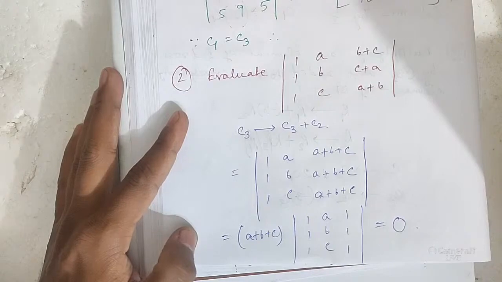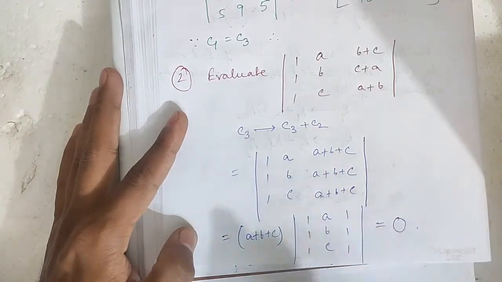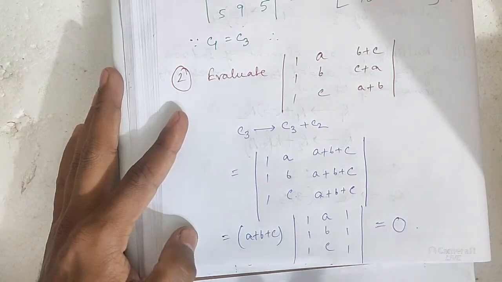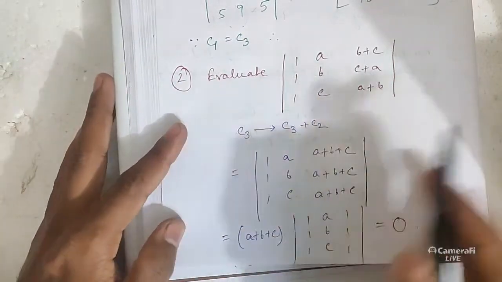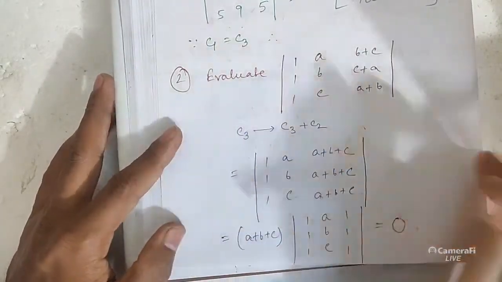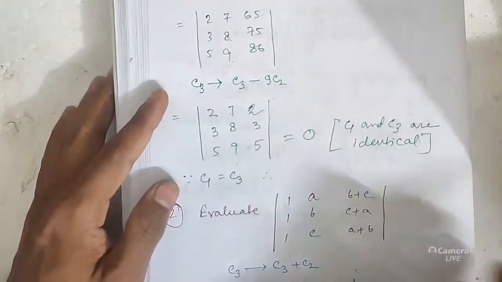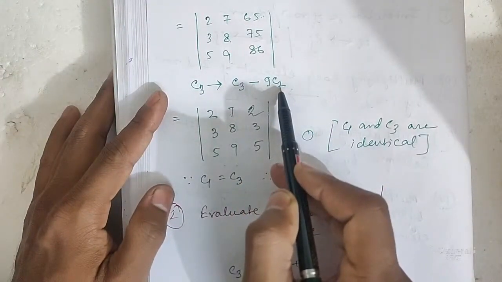Is it clear? Now this question you can do in another way also. Always remember that in a determinant, whenever you are solving any question, this operation may differ from my operation to your operation. Okay, here I have done C3 minus 9C2.